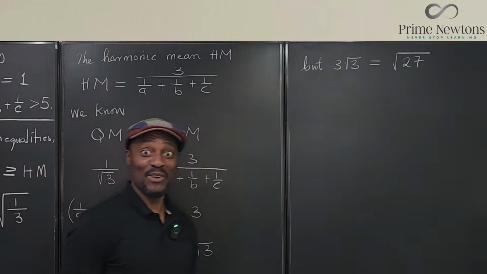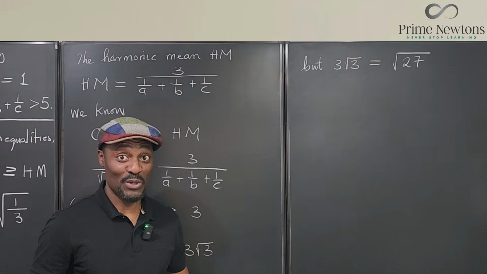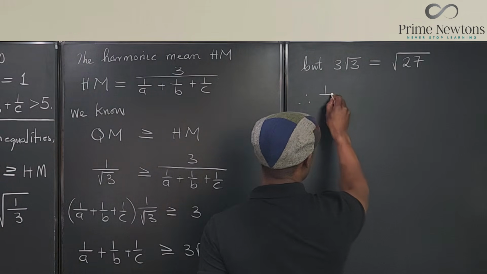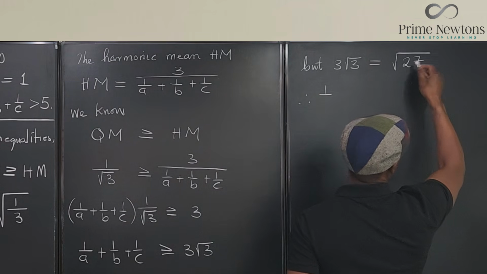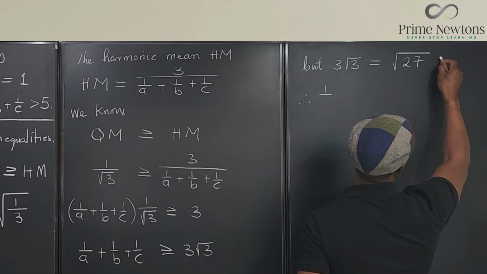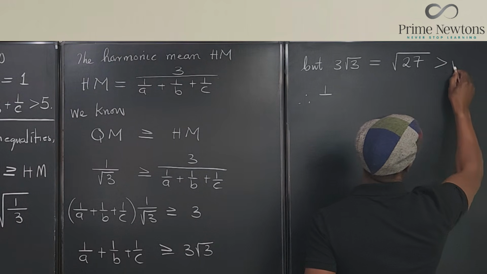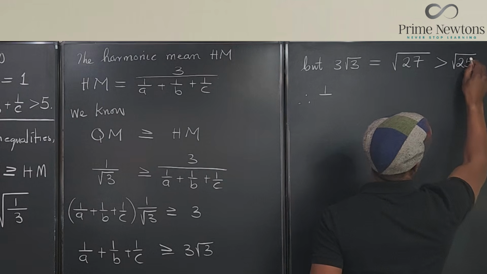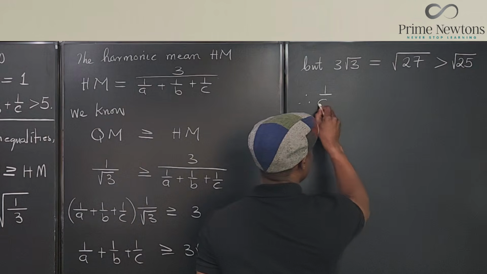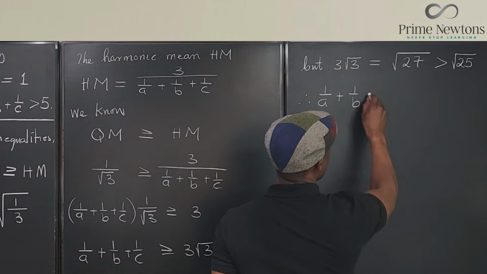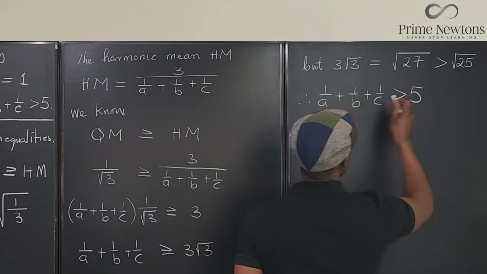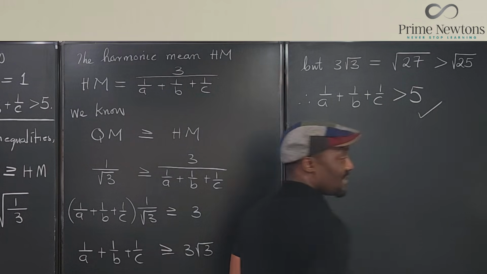Oh, that makes it very obvious. It is equal to the square root of 27, and therefore it is greater than the square root of 25. Clearly greater than the square root of 25, right? So we say 1 over a plus 1 over b plus 1 over c is clearly greater than the square root of 25, which is 5, and that is the end of it.